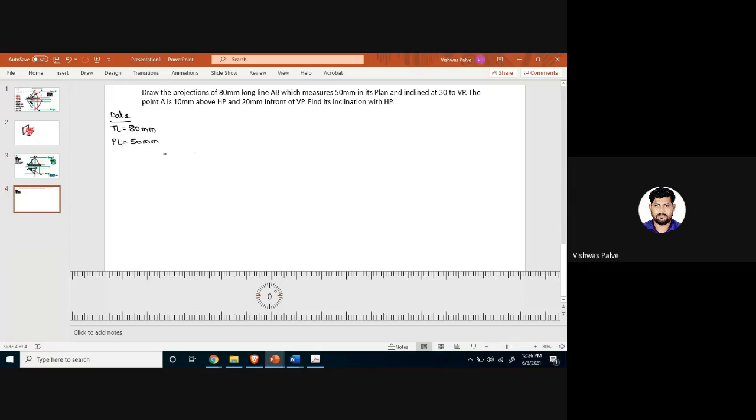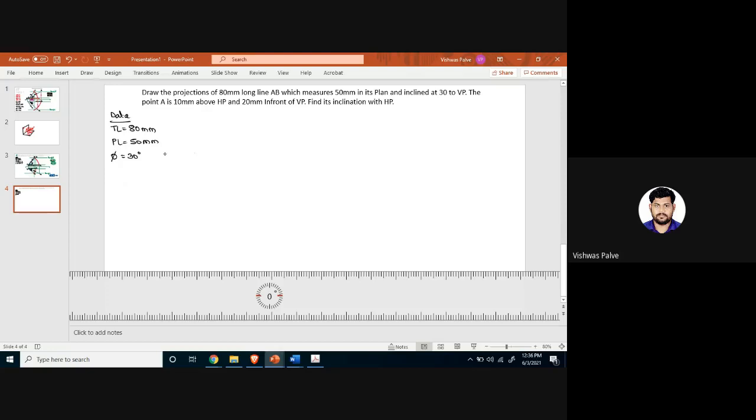Inclined at an angle 30 degree to, what is that inclination with VP? Whether it is alpha, beta, theta, phi is how much? 30 degree, sorry. 30 degree to VP.